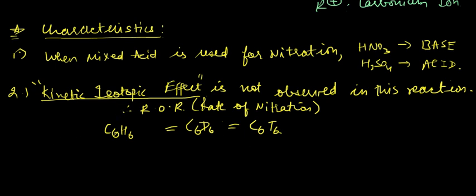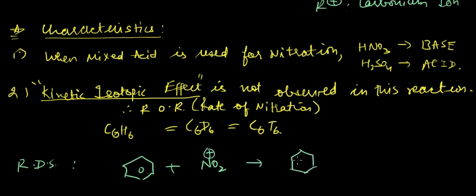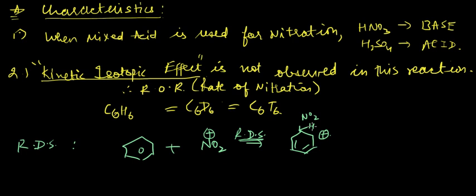Because if you see the RDS, or rate-determining step, in the nitration process, the RDS is something like this, with NO2 plus as the electrophile, and that gets converted into something like NO2 here, H here, and positive charge obviously here. So this is the RDS. In the RDS it does not matter whether the benzene ring is substituted with H atoms or D atoms. It is independent of whether H or D is there. It is just dependent on how much energy is needed to break the bond between two carbon atoms.